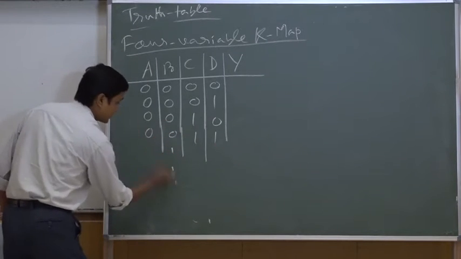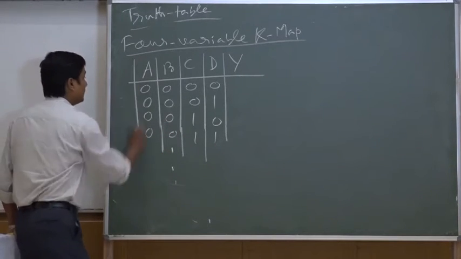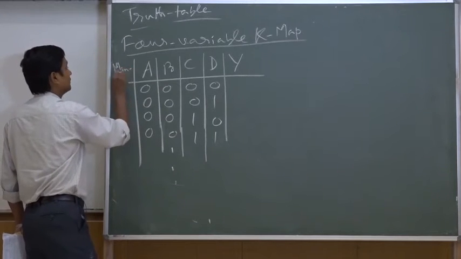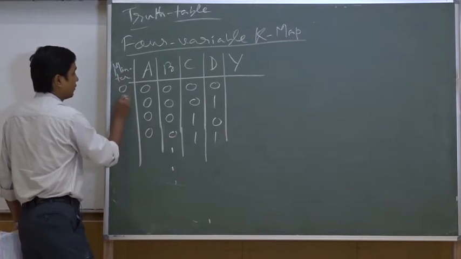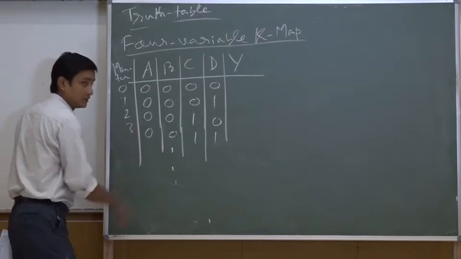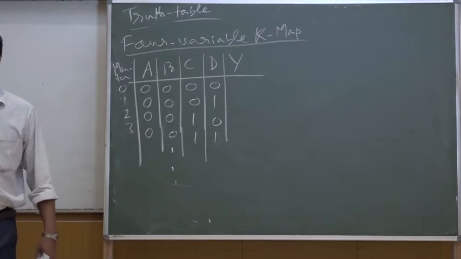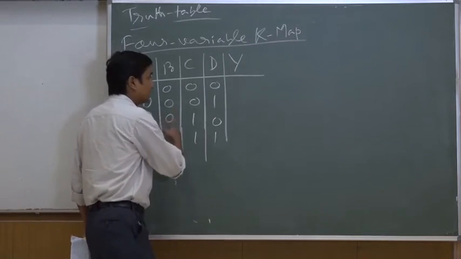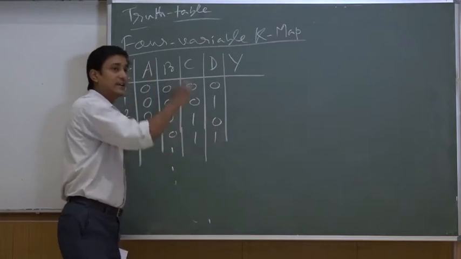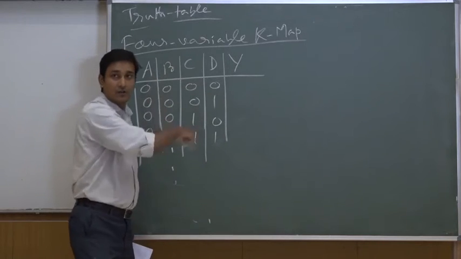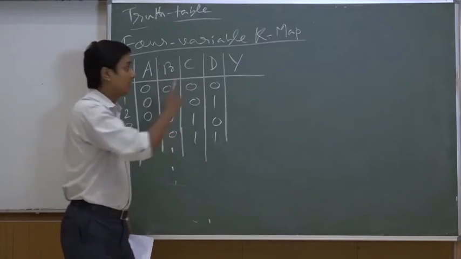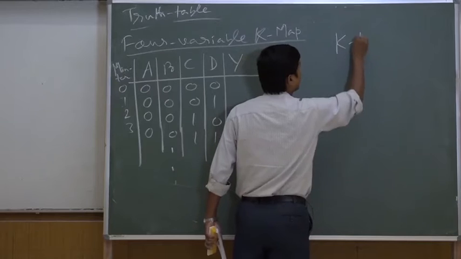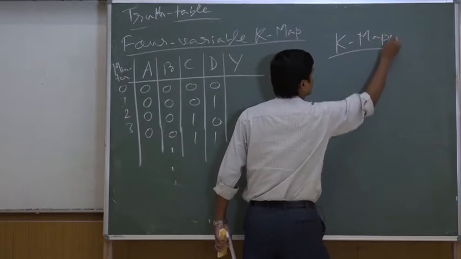This way you will continue and you will give the min terms as 0, 1, 2, 3 this way. Fine. Some Y will be there, that will be decided later, but these are the variables present. So, let me first find the K map for 4 variables.